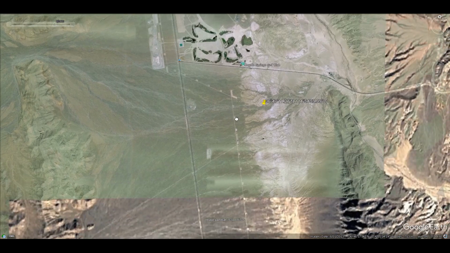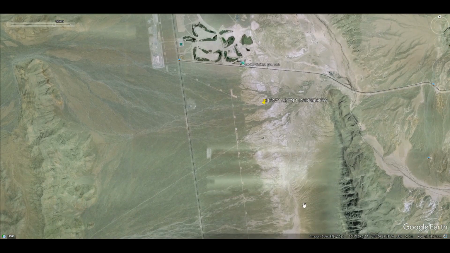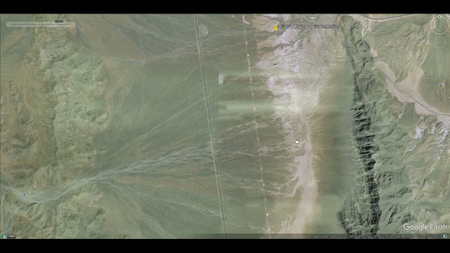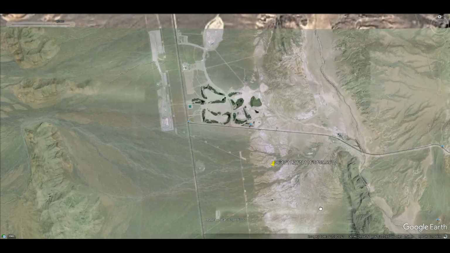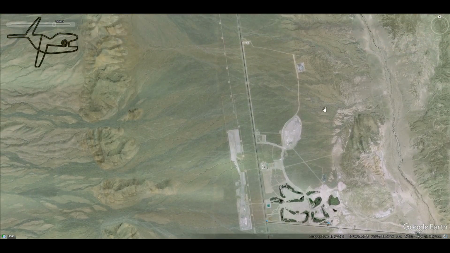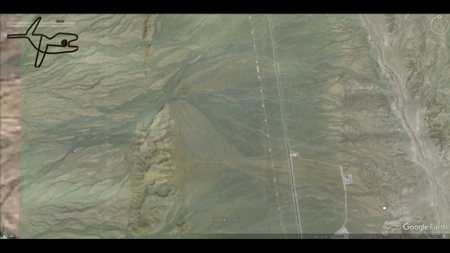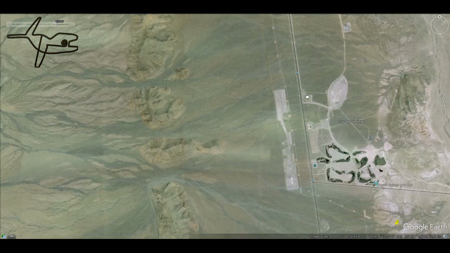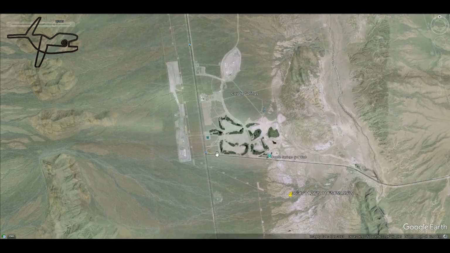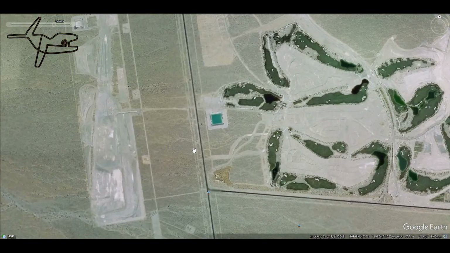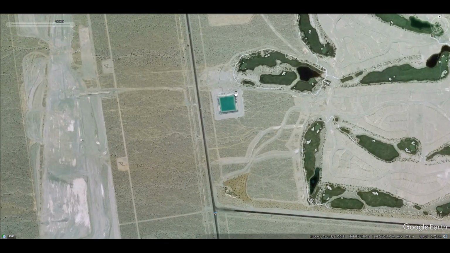And there is a reason for this, even though the pictures are not very clear. Do you see the columns there? It seems there is another water reservoir.